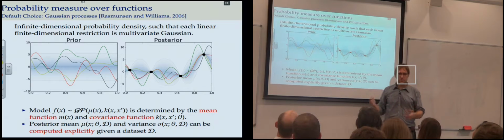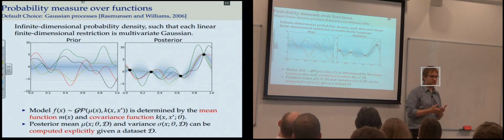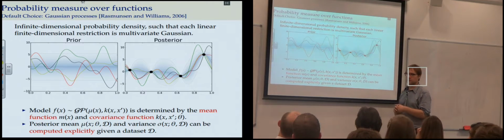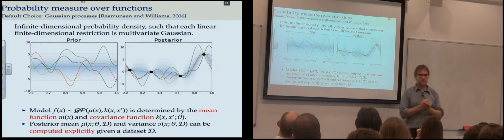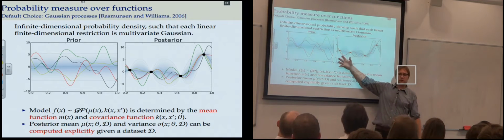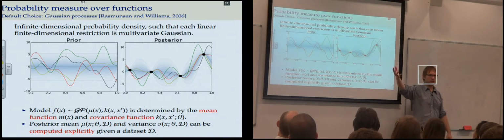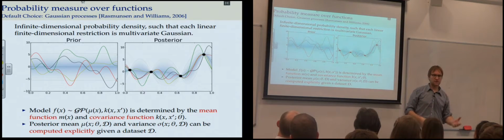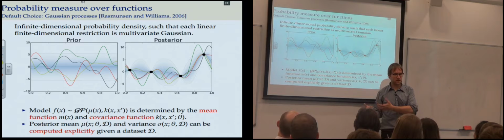Probability measure over function: Gaussian process. I don't have to say a lot about this, as you have already had several talks discussing what Gaussian processes are. So this is what we're going to do. We take some evaluations, we fit a Gaussian process, and then we will use the Gaussian process to define this acquisition function.